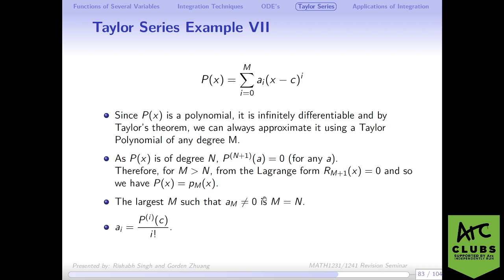So we want m to equal n for us to not have any extra terms. And for a_i, that's just the term in the Taylor series, so it's just the ith derivative of p at c, since we're taking the polynomial at c, divided by i factorial.